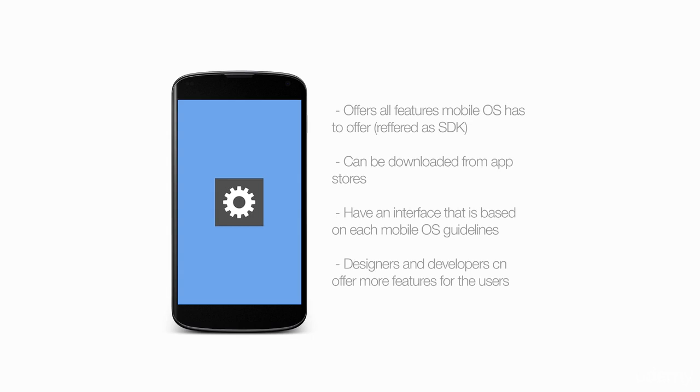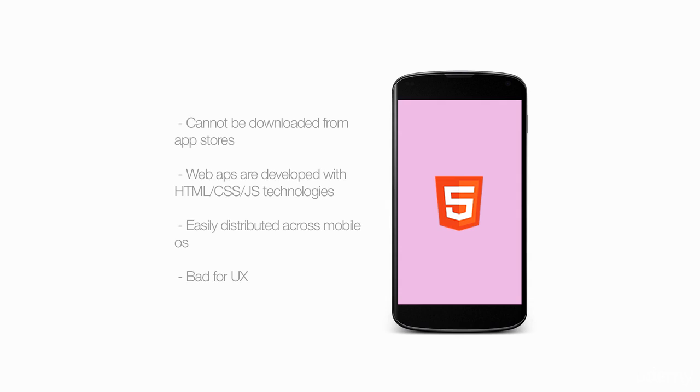At the design level, these types of applications have an interface that is based on each operating system's guidelines. This favors usability and benefits users directly. As designers and developers, we can offer more features for the users in order to achieve their goals in a particular situation.